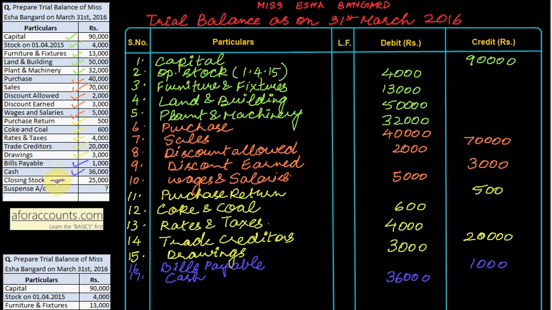You have to just note down below the trial balance in notes that the closing stock is equal to 25,000 rupees. Don't put it here in your debit or credit column, thinking that since I gave opening stock 4,000, I'll give closing stock 25,000. You'll go wrong. Closing stock, always remember, is a trap. No place for closing stock in your trial balance.